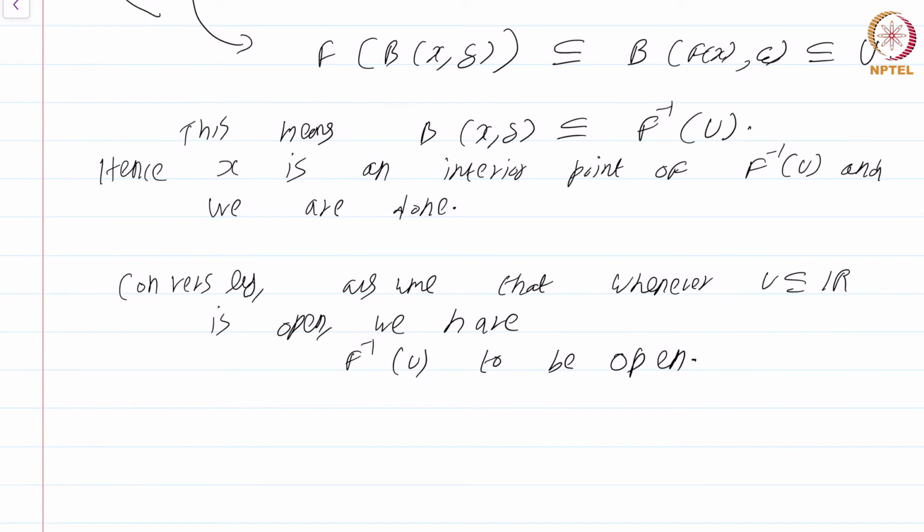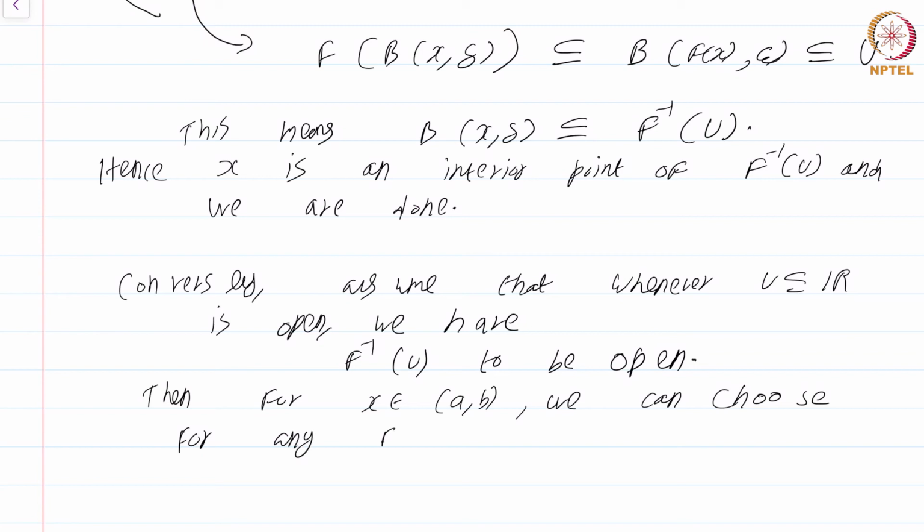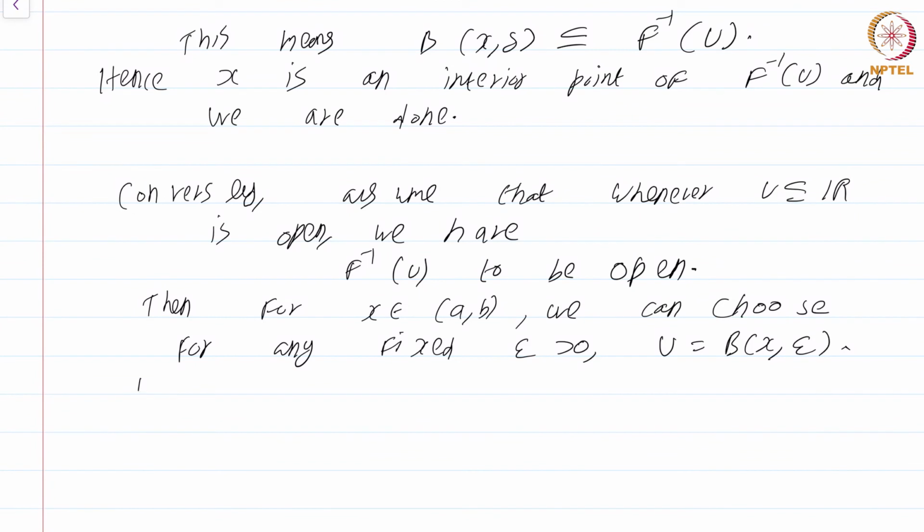Okay, then for x in (a, b) we can choose, for any fixed epsilon greater than 0, U has B(f(x), epsilon), right? Because this applies to any open set, it certainly applies to open balls. Okay, then f inverse of the ball is open.